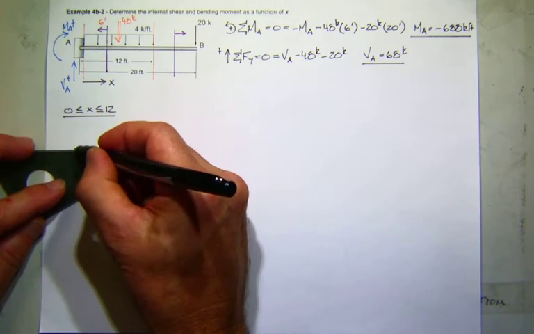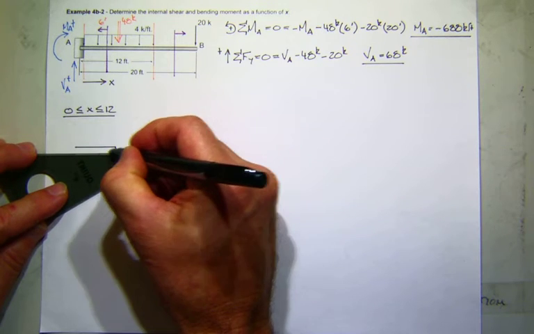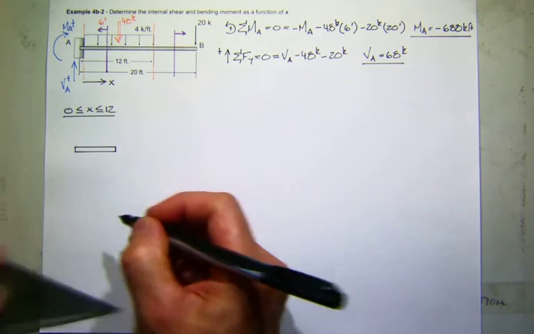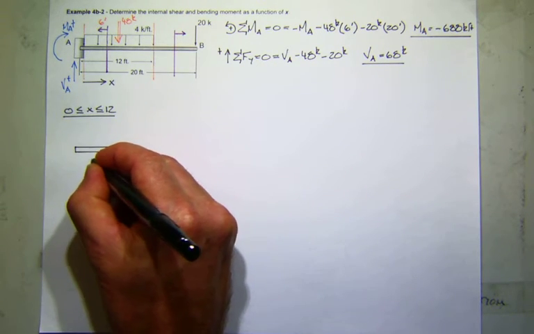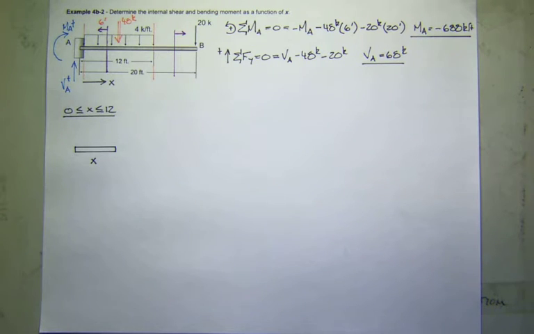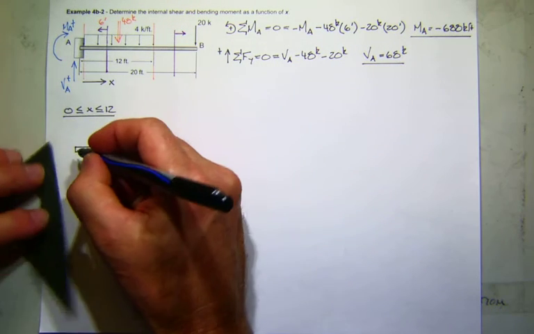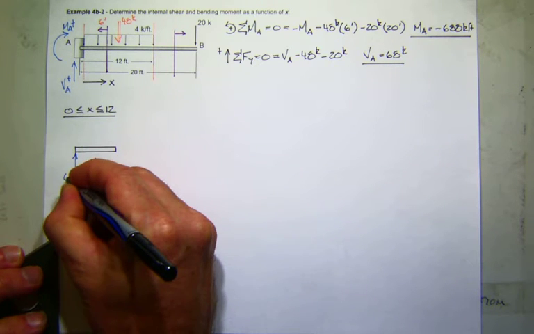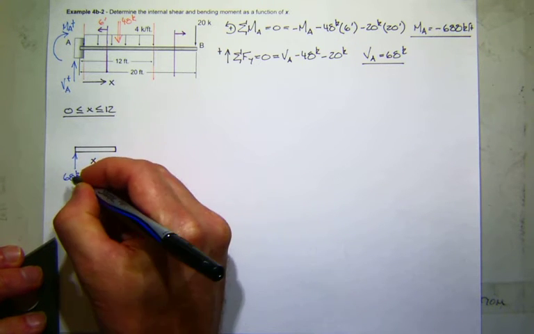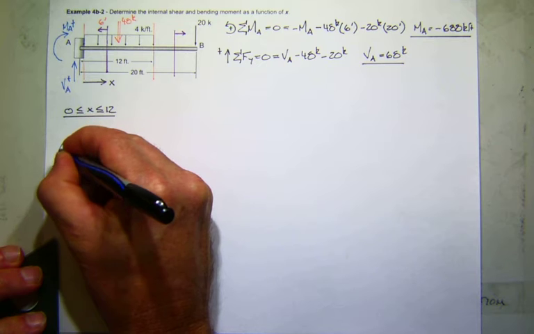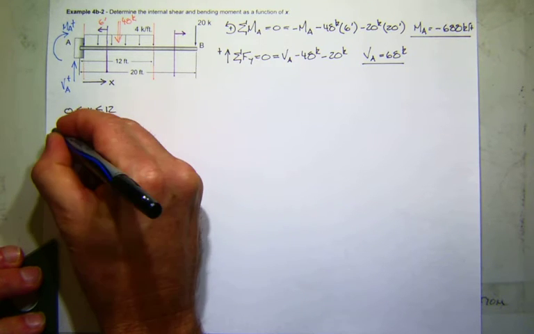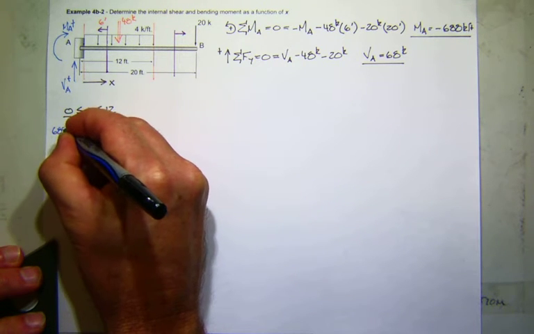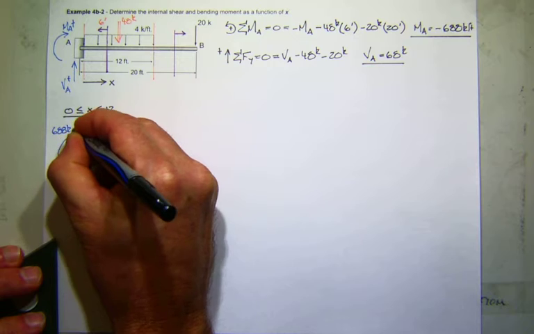This is what my free body diagram looks like for that. The length of the element is x. On the left-hand side, I have my shear force acting up, that's 68 kips. I have my bending moment, which is negative 688 kip feet.